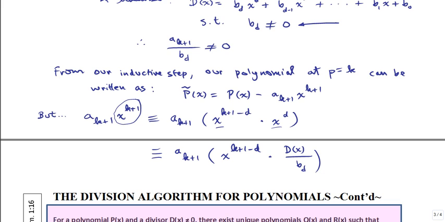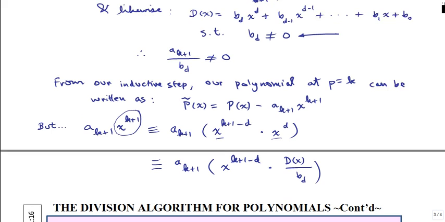Let's take a quick peek at that. It's right up here. If I divide both sides of this expression by the non-zero b sub d term, then I get my x raised to the dth power term right over there.